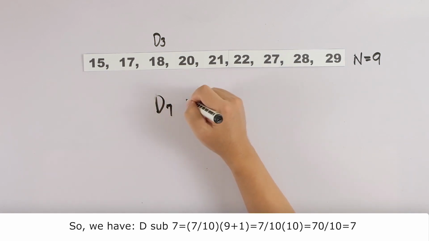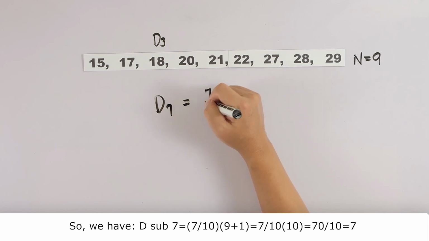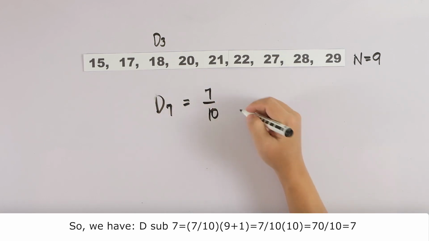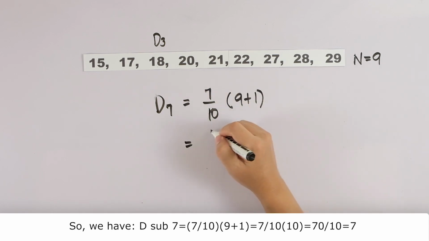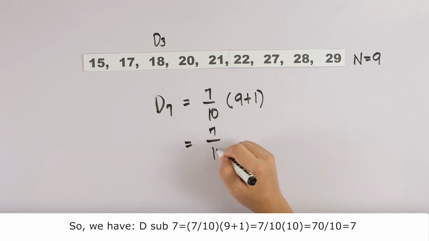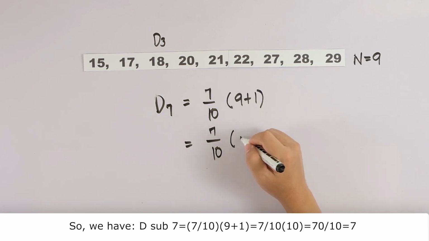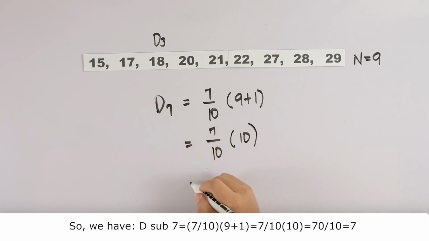So we can find D sub 7 is equal to 7 over 10 times the quantity of 9 plus 1, which is equal to 7 over 10 times 10. That is equal to 70 over 10 is equal to 7.